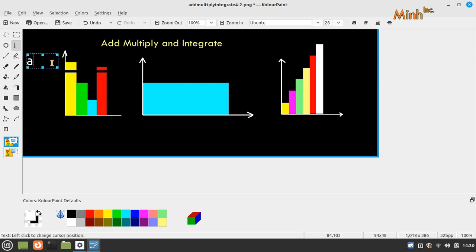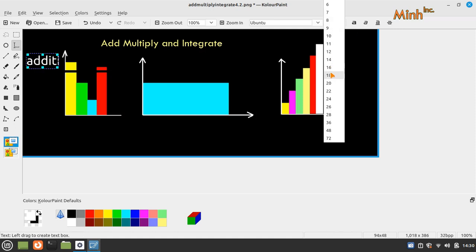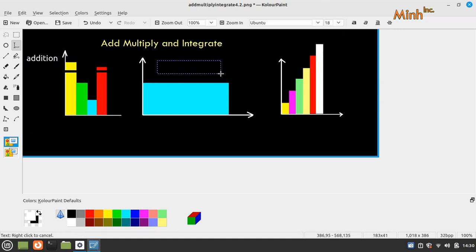So this is addition. So this is addition.